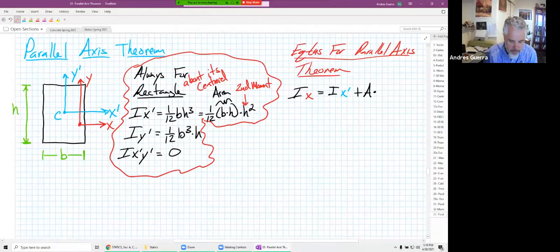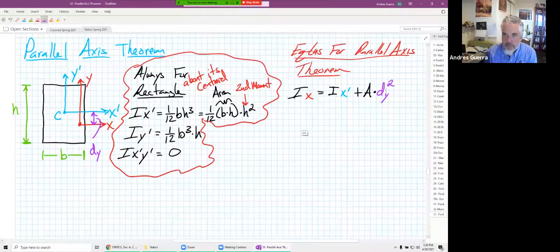Well, what's the distance between the x and the x prime axis? It's a y distance, and that's what we've referred to as d sub y. So times a d sub y. Now it's the second moment of area, so it's dy squared to make sure that we keep our units consistent here.